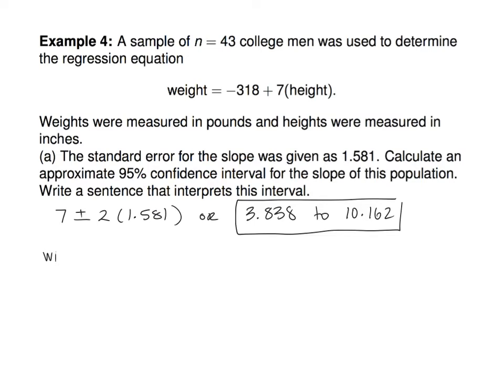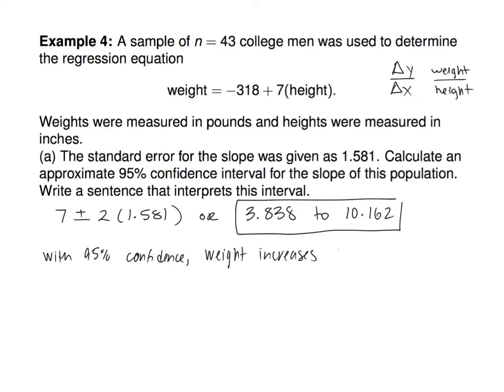Okay, so now we can say with 95% confidence, and this is a slope, so weight increases, because remember that this is change in y over change in x, and y is weight, and x is height.